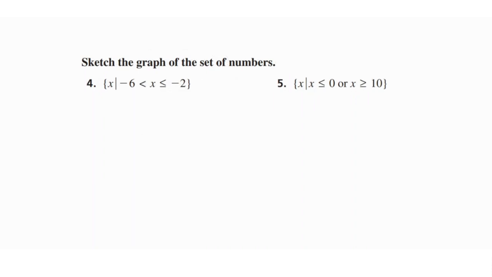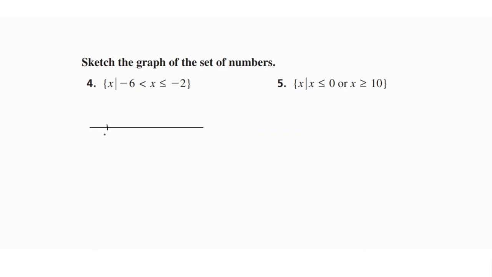In our next example, we're going to work backwards from set builder notation and sketch the graph. Problem number 4 says the set of all x such that x is greater than negative 6 and x is less than or equal to negative 2. So let's make a number line. Make a line here, and then we have x is greater than negative 6.